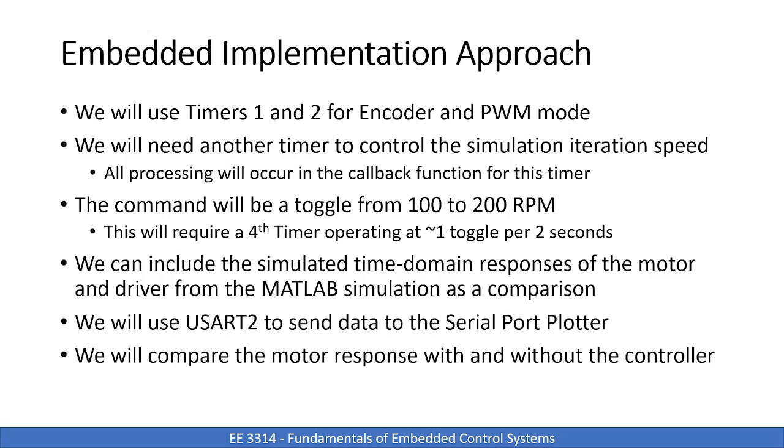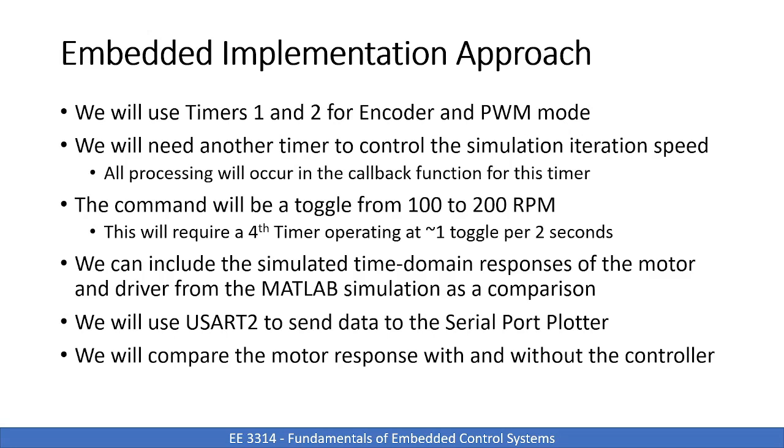So we'll use USART2 to send data to the serial port plotter. That way we can get some real-time plots of what the motor RPM is doing, what these simulated time domain responses look like, etc. Look at all the parameters. And we'll also look at this motor response with and without the controller.